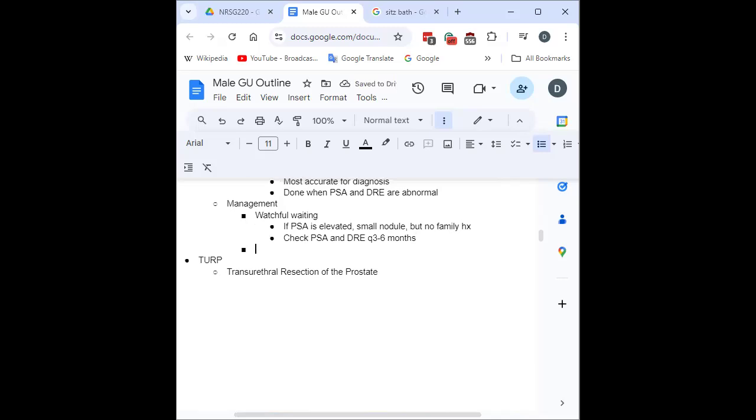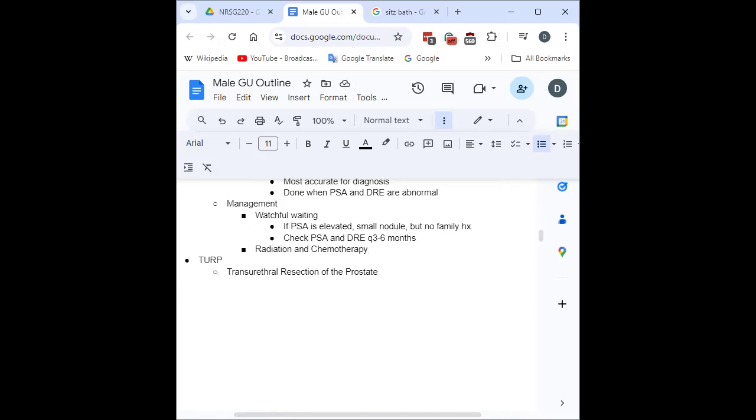So let's say they do have cancer. Some of the things you can do for cancer include radiation and chemo. Your chemotherapy involves some specific things, but I don't think it's too emphasized. Just understand that radiation and chemo are possible.